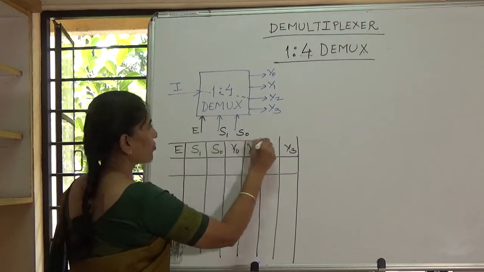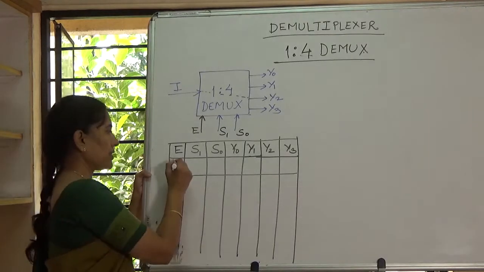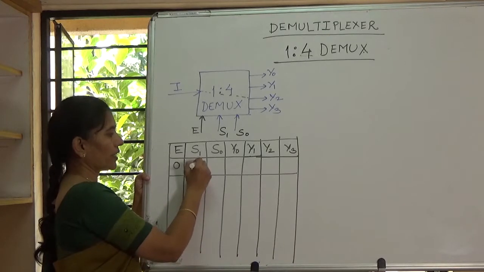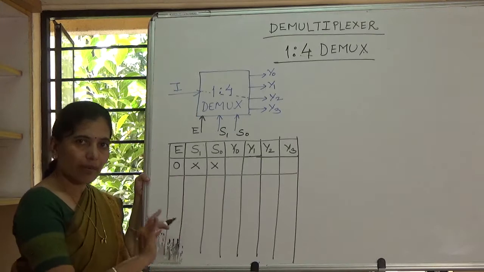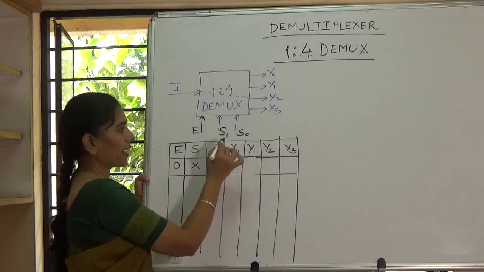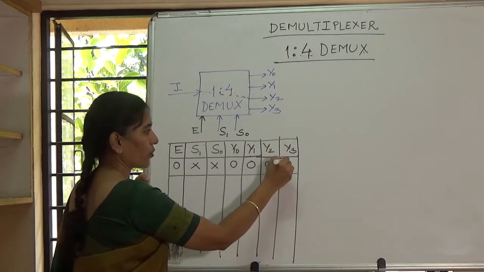So let's look at the first entry in this table. If the enable E is 0, it doesn't matter what is there on the select lines because the demultiplexer is disabled and all of the output lines will be 0.